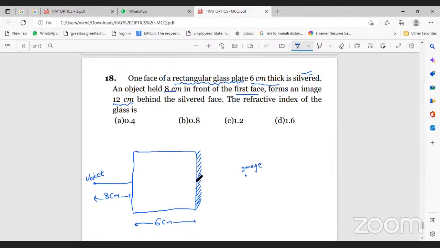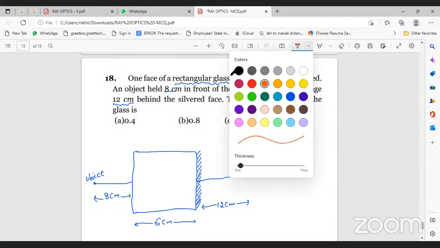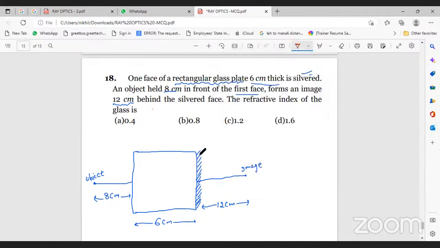Image that is formed at this distance. What is that given? 12 centimeters, sir. Now, my question is, whenever this mirror is placed here and you polish the bottom surface, there will be a shift in this silver face.